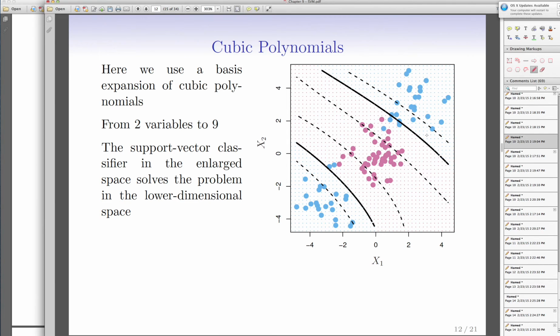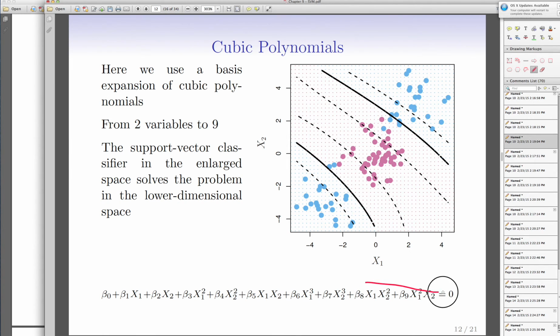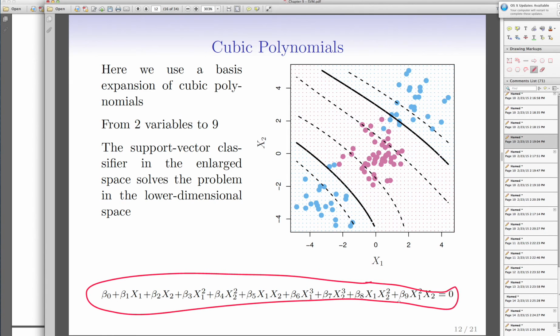And as you can see, they did a very good job. That is for a cubic polynomial. A cubic polynomial has this shape. There are 9 parameters to be estimated, beta 1 up to beta 9, and it was just put into the formula of the support vector classifier we had earlier.